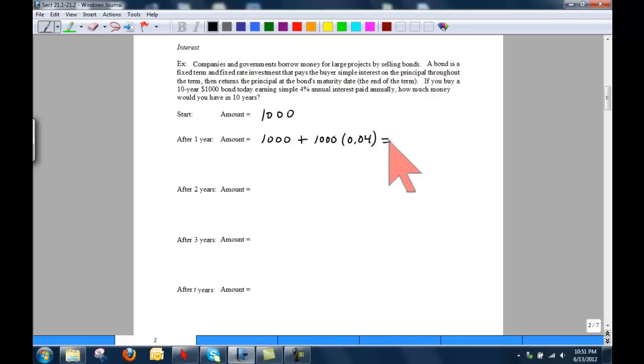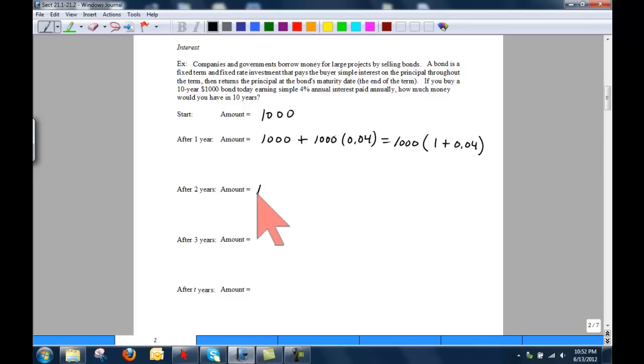Both terms, notice, have a factor of 1,000. Let's pull that out. And then when you pull 1,000 out of 1,000, you leave a 1. And when you pull 1,000 out of the second term, you leave the factor 0.04. I'll leave that for purposes of pattern recognition as we get some other computations going.